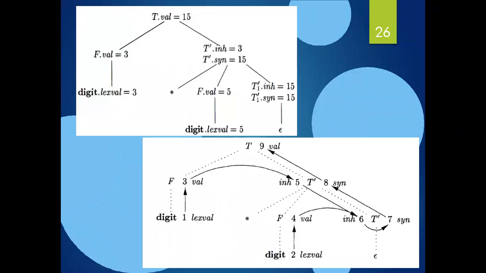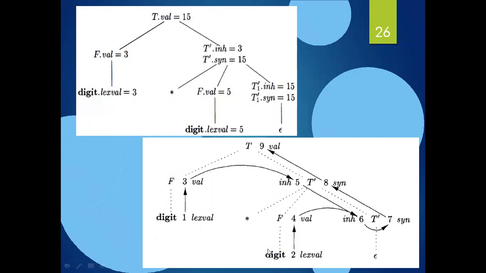Make it clear. See, initially the first evaluation order is digit. This is evaluation order number 1, and then evaluation order number 2. Once you see this annotated parse tree, you will get a clear understanding.